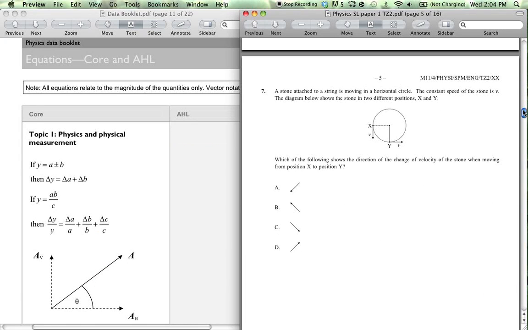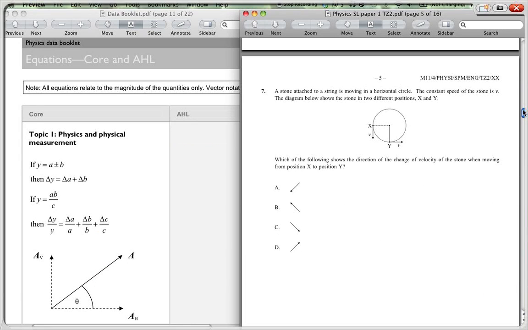Going on to question 7. This is dealing with circular motion. A stone is attached to a string, moving in a horizontal circle. The constant speed of the stone is v. The diagram shows the stone in two different positions, x and y. Which of the following shows the direction of the change of velocity of the stone when moving from position x to position y?